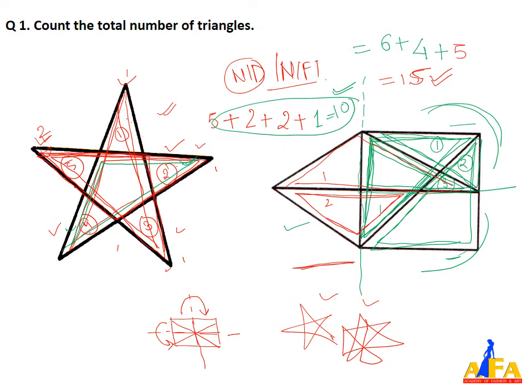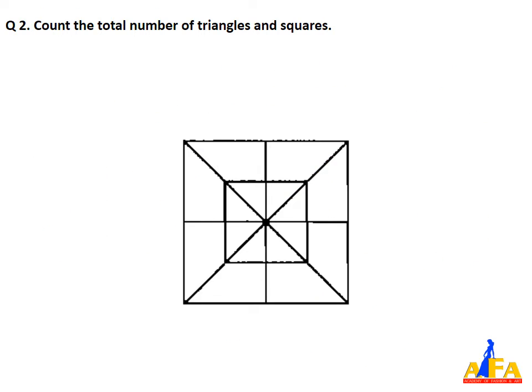As you start doing it by yourself, you will understand how you can do it easily. Now in this figure we see that you have to calculate the number of triangles and the number of squares.